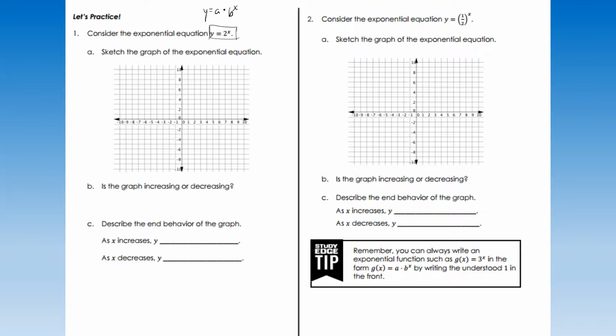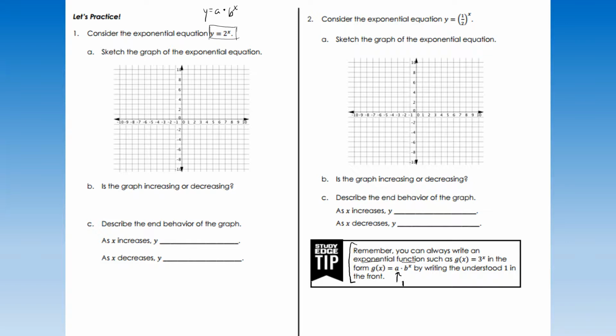So I have y equals 2 to the x power. Well, what is being multiplied by 2 to the x power? Since there's nothing there, if you look down here at this Study Edge tip, we can always write an exponential function such as g of x equals 3 to the x in the form g of x equals a times b to the x by writing the understood 1 for the a term.